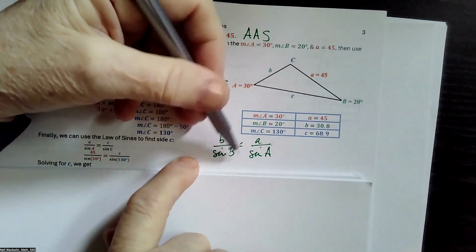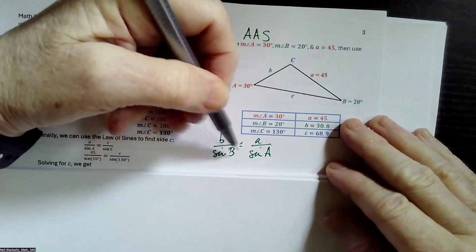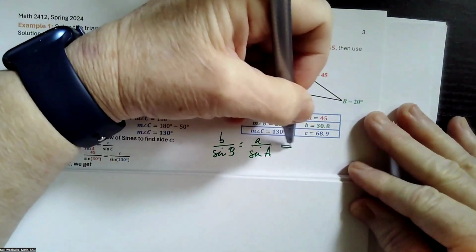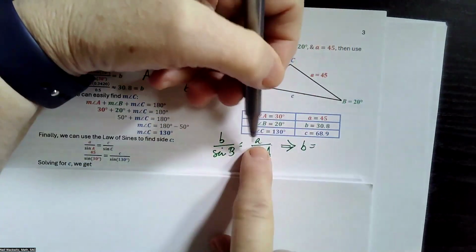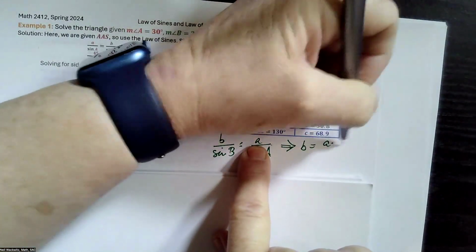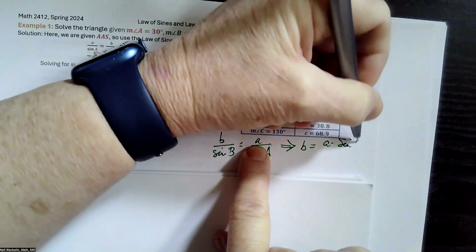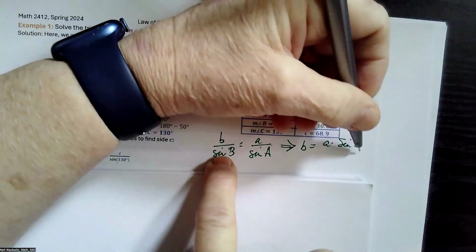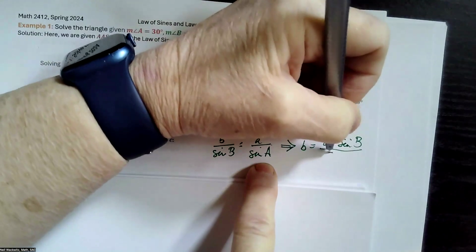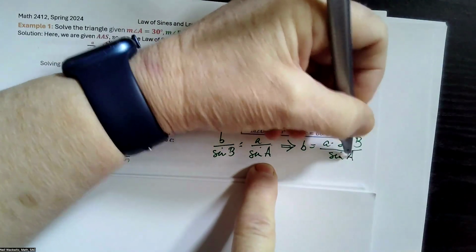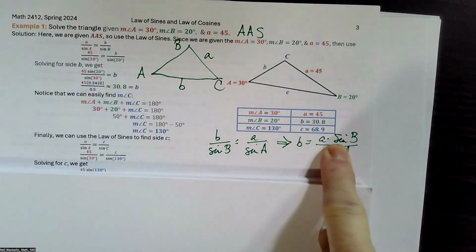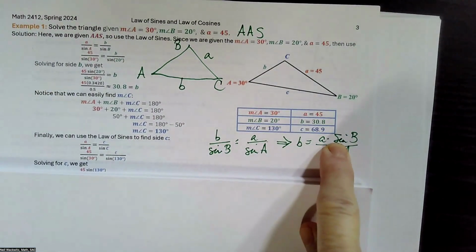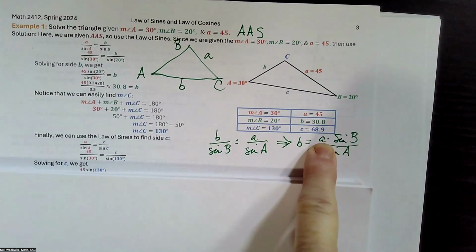I'm going to multiply both sides by the sine of B so that I get little b equals little a times the sine of angle B, all divided by the sine of angle A. And you can see why sometimes I make the S in sine capital so that it doesn't run together with the side.